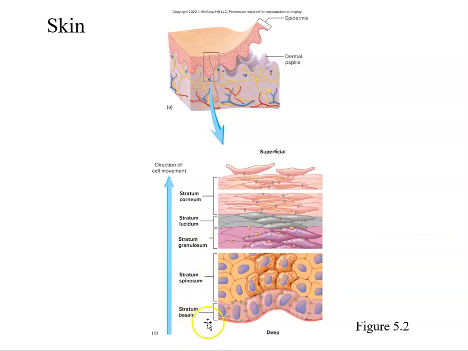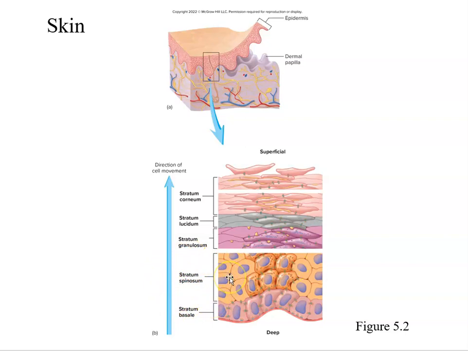From the bottom here, this is the basal layer, the stratum basale, which forms just one cell layer of cuboidal columnar cells that are very active, dividing to form the more superficial layers. So, as cells divide here, older cells are pushed up into the stratum spinosum.